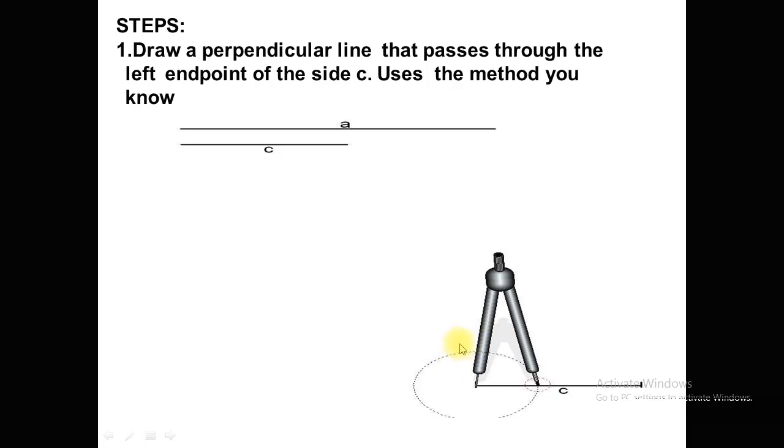You will get a 30 degree angle at this arc, and the other arc will be 60 degrees. So 60 plus 30 is equal to 90 degrees. And when we construct the angle of 90 degrees, it means that we draw a perpendicular line at this point.